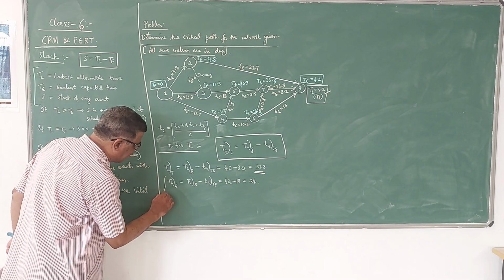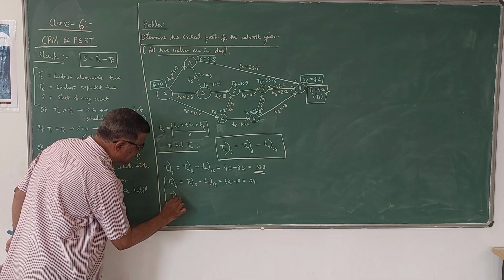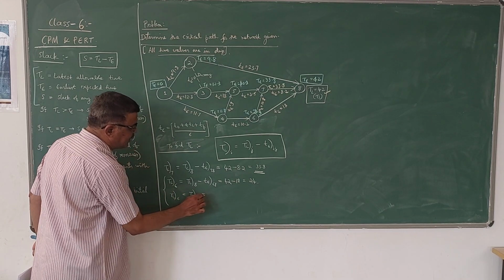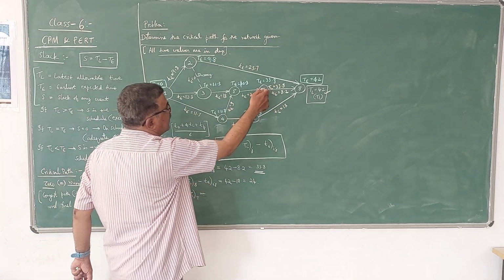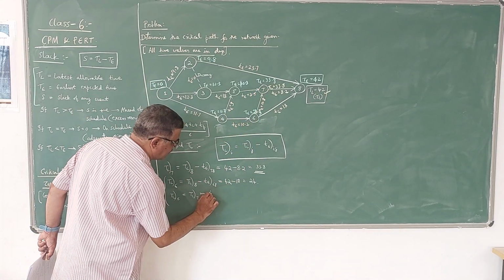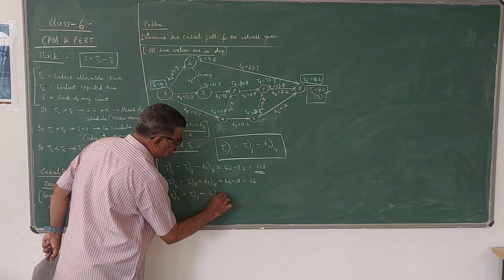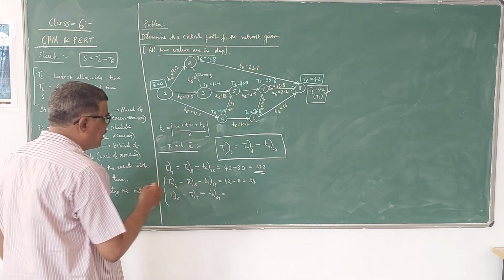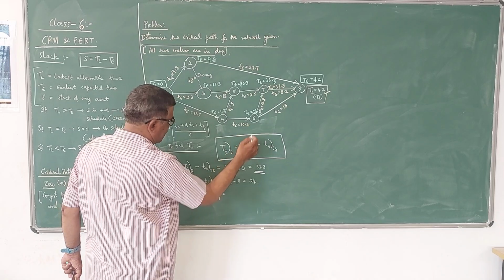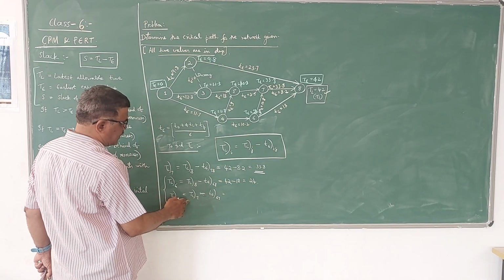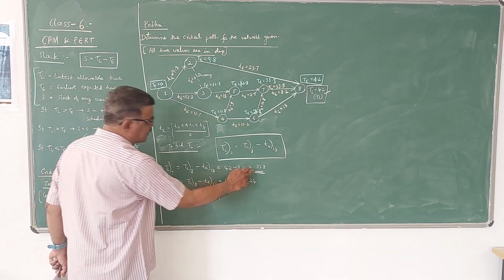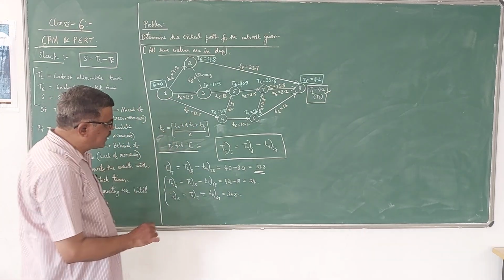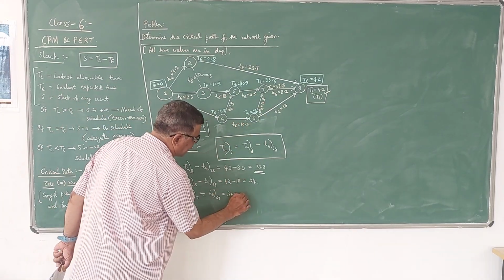So we can calculate this TL6 using another formula also. TL6 is TL7 minus T of 6, 7. We have to take two values. TL of 7 we have calculated as 33.8, correct? Minus T of 6, 7, which is 10.8.